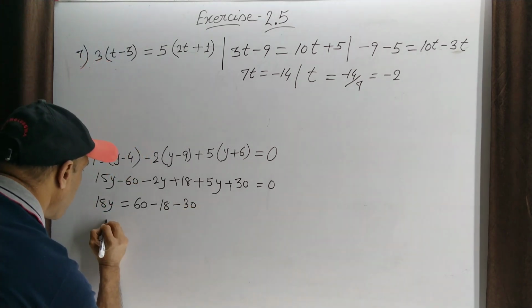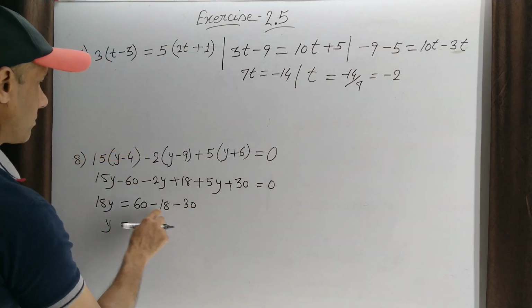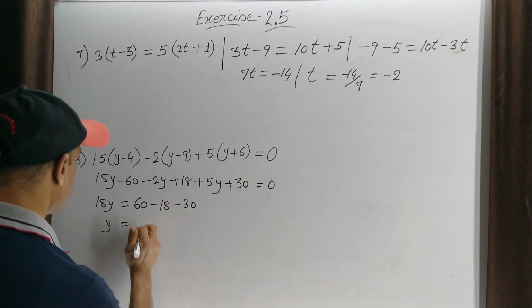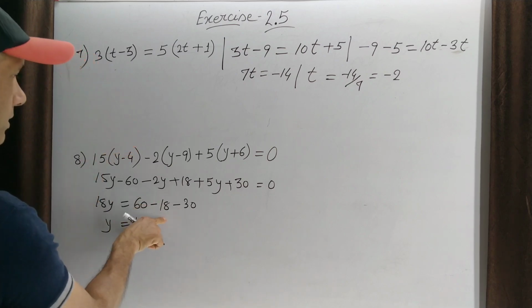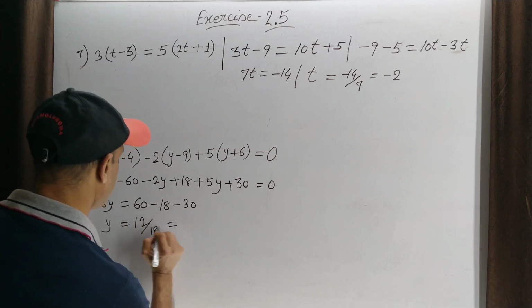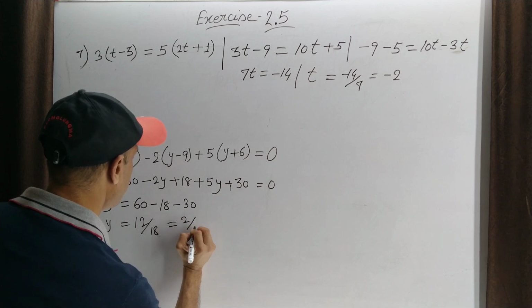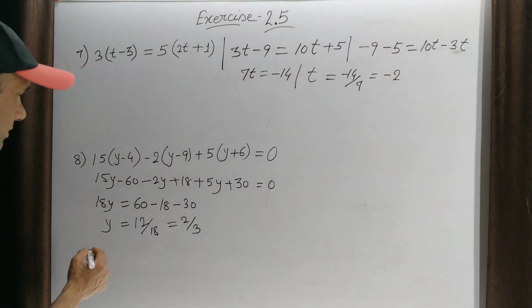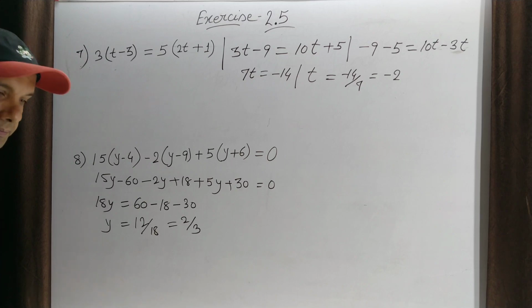So y is equal to 12 by 18, so we get 2 by 3. So y is equal to 2 by 3. Clear?